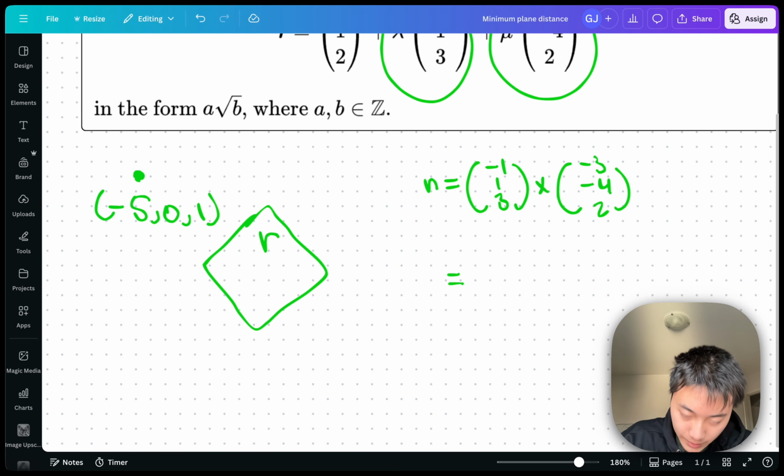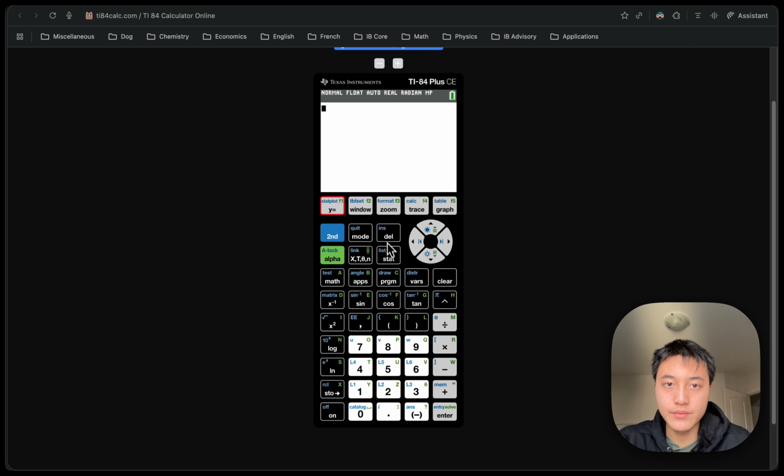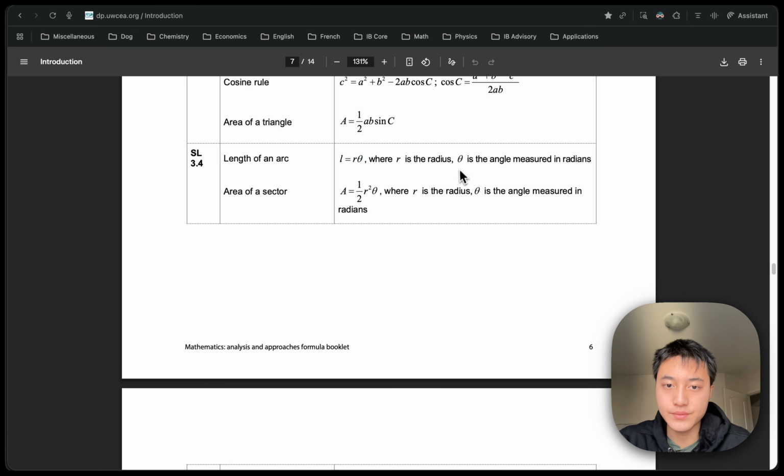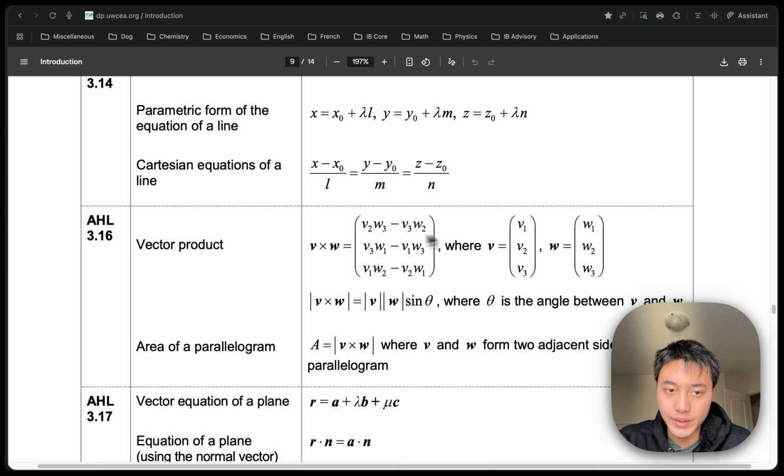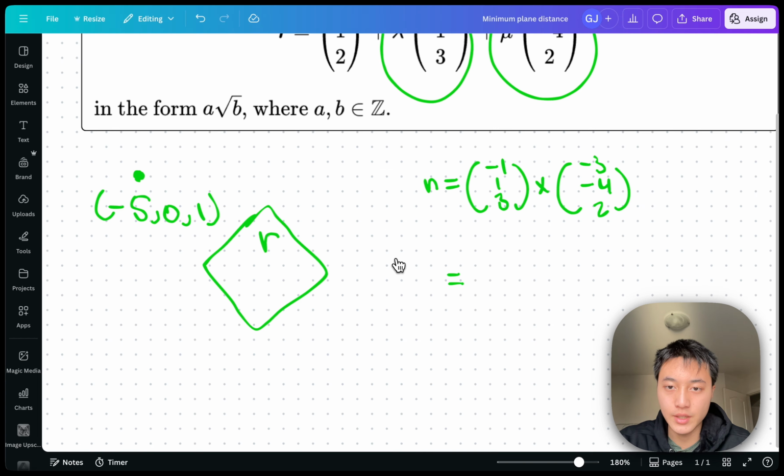There is a formula for this. It's quite simple, or it's sort of like a pattern once you practice it a lot of times. Essentially, this is 1, 2, and 3, and this is 1, 2, and 3.